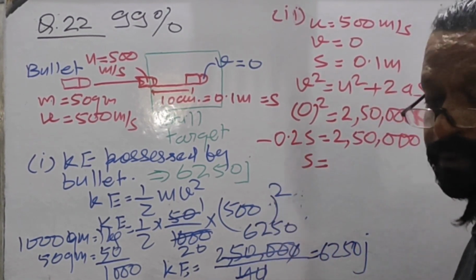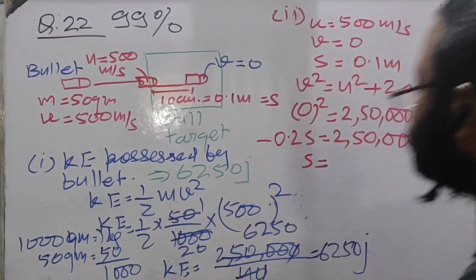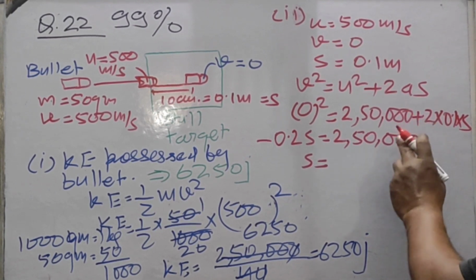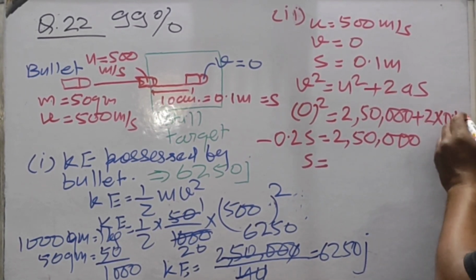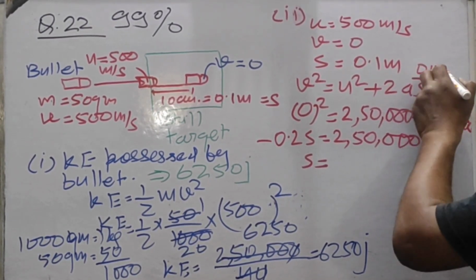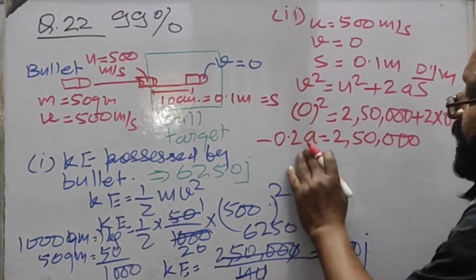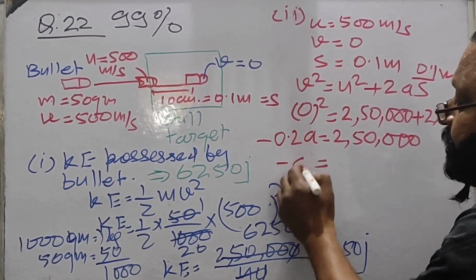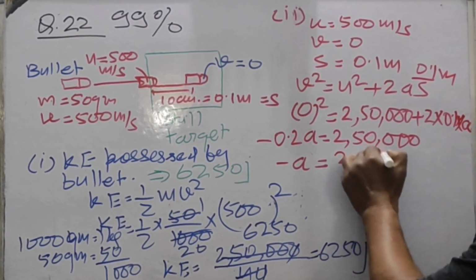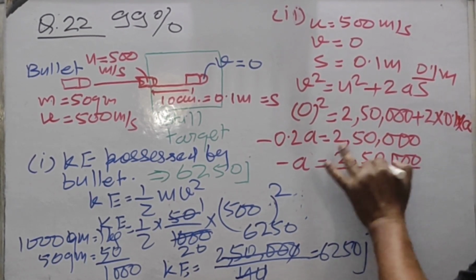Displacement we know, we have to find a. Negative of a is known as retardation. So 2,50,000 divided by 0.2.